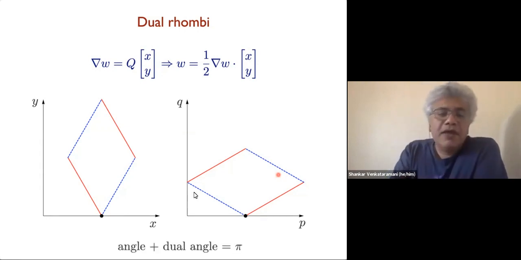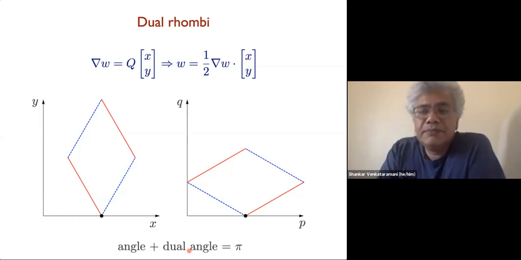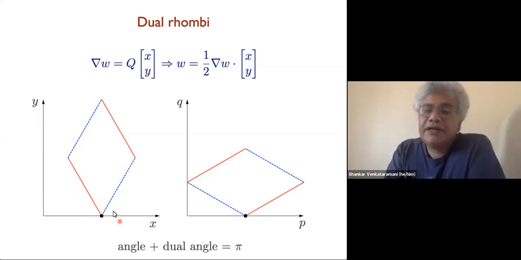So at each point, we can define an angle from the xy projection, a dual angle from what happens from looking at the gradient of the surface, and the angle plus the dual angle is pi. Okay? So if you have, like in the pictures that I showed with the quadratic saddles, at each point, there are 4 of these rhombi that come together.